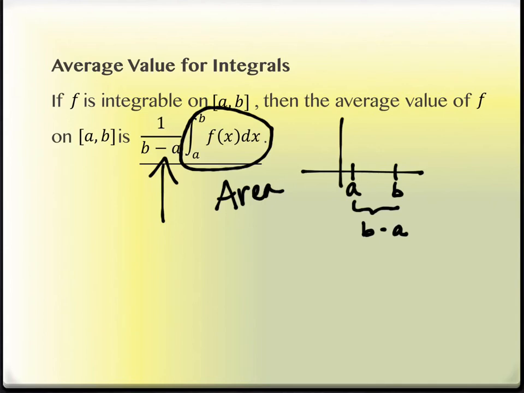So visually speaking, let's say this were your curve and your area is in here. If you could take this area like Play-Doh or clay, and reshape it, what this is doing is taking the area and turning it into a rectangle.